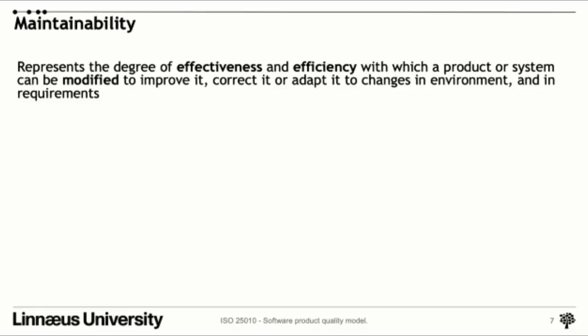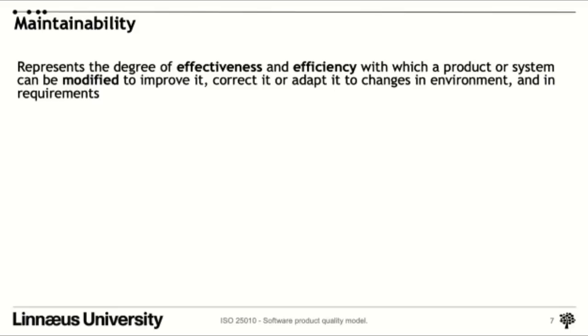Okay, but also the users can change. They evolve. They have new requirements, and then they want to have new functionalities. So then maintainability measures how easy it is to change your software in order to adapt to the new environment, or how easy it is to add or modify functionalities in order to meet the new requirements posed by the users.